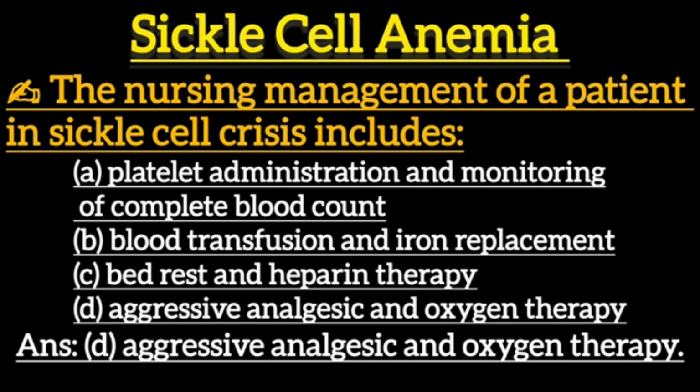Next one is the nursing management of a patient in sickle cell crisis includes option A platelet administration and monitoring of complete blood count, option B blood transfusion and iron replacement, option C bed rest and heparin therapy, option D aggressive analgesic and oxygen therapy. Correct answer is option D aggressive analgesic and oxygen therapy.